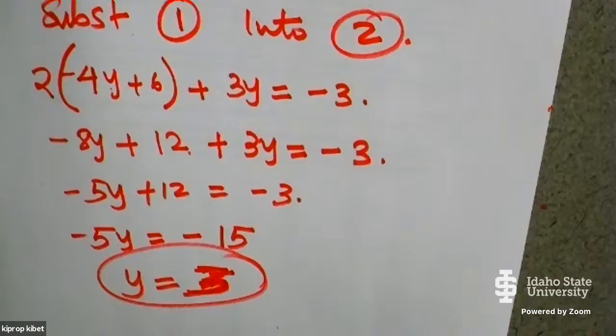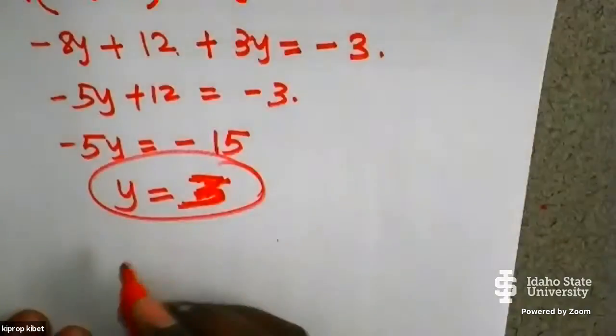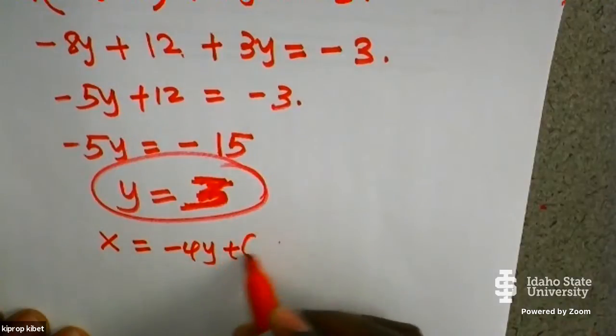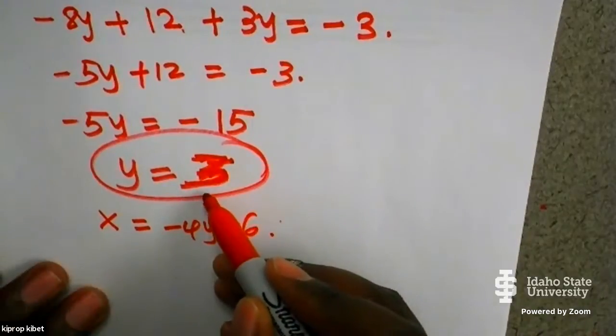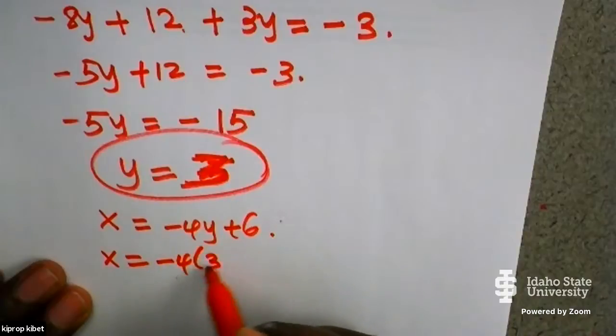So now you bring this y equals 3 to the first equation. Our first equation was what? x equals minus 4y plus 6. So where there is y, you put 3. So x equals minus 4 times 3 plus 6.